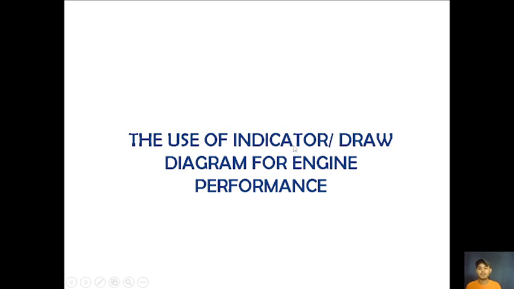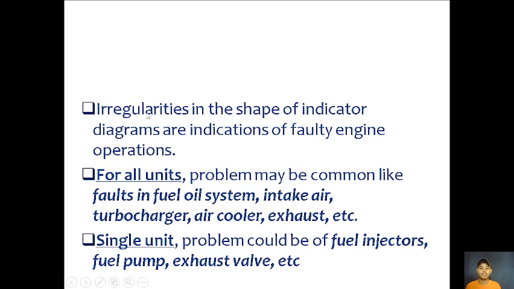Now, the use of the indicator or draw diagram for engine performance: irregularities in the shape of indicator diagrams are indications of faulty engine operation. For all units, problems may be common, like faults in the fuel oil system, intake air, turbocharger, air cooler, exhaust, etc. Single unit problems could be of fuel injectors, fuel pump, exhaust valve, etc.